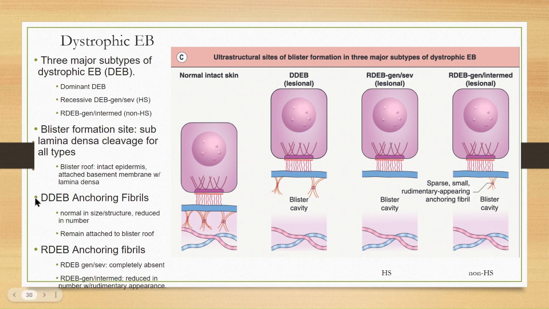Now in DDEB, your anchoring fibrils are going to be normal in size and structure, just reduced in number. And sometimes they will even be retained in the blister roof, and that's where they are right there, okay? In recessive dystrophic EB, you might either have no anchoring fibrils, or some just sparingly. And that correlates with disease severity.